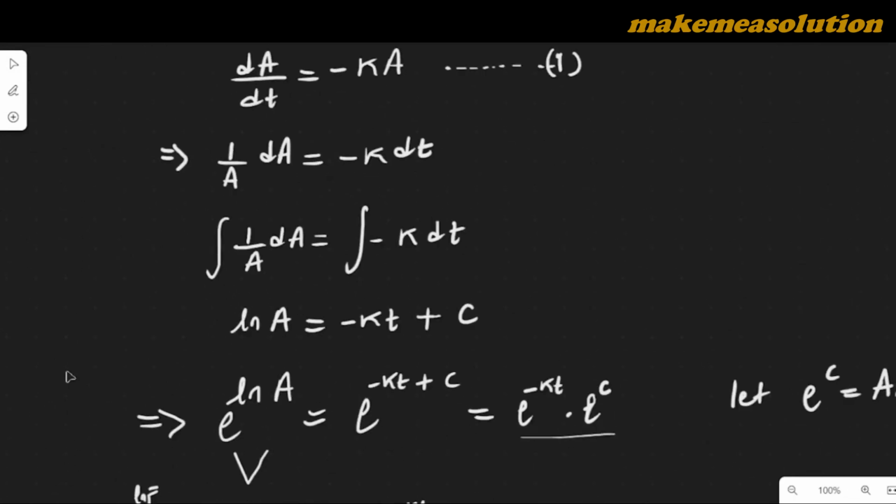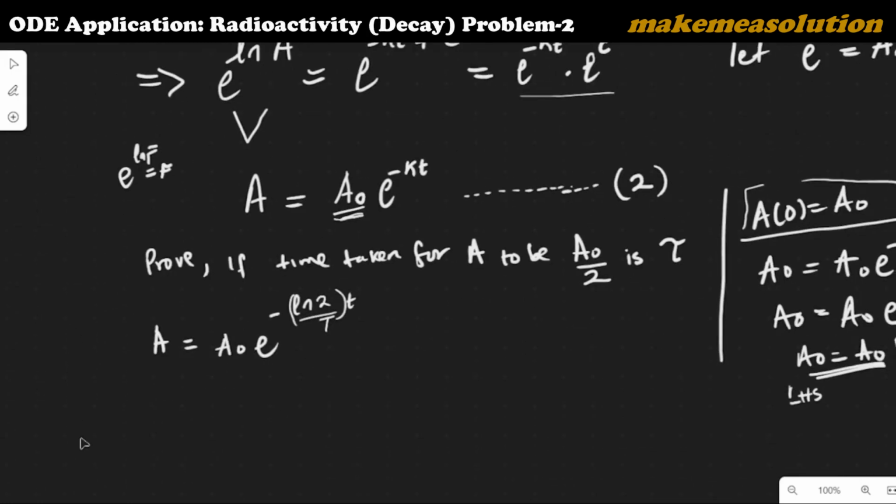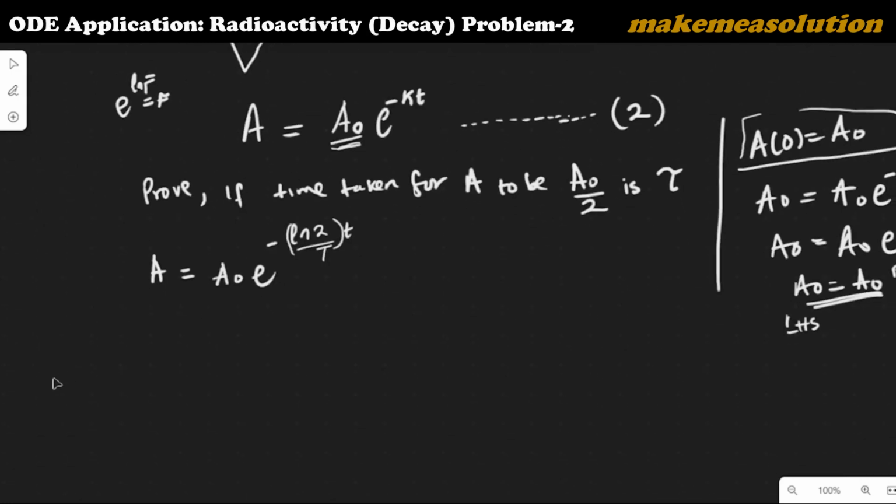So we want to make that proof first of all. Okay, t ln 2 over t. I want us to do that together. So consider a is equal to a naught exponential minus kt. Is that okay?